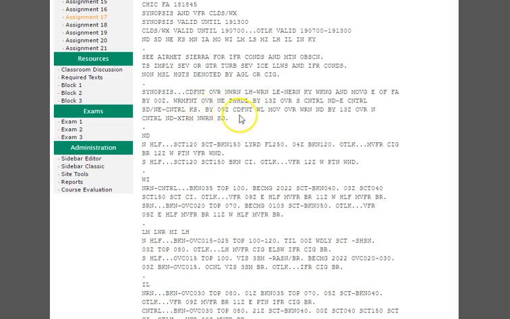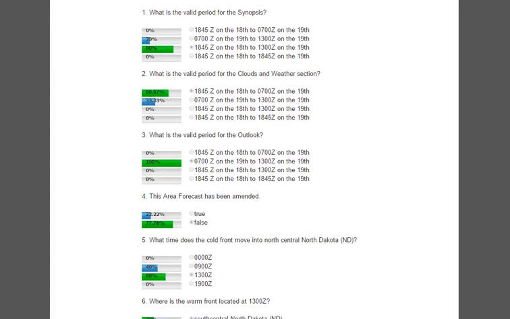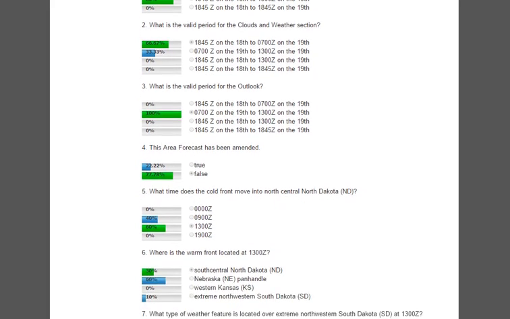By 9Z, cold front will move over western North Dakota, and then by 13 Zulu over north central North Dakota. So the correct answer was that it moves into north central North Dakota at 13 Zulu. So that's kind of confusing.